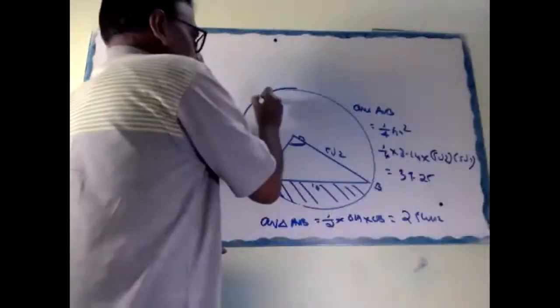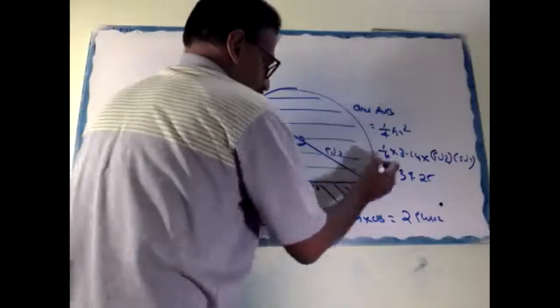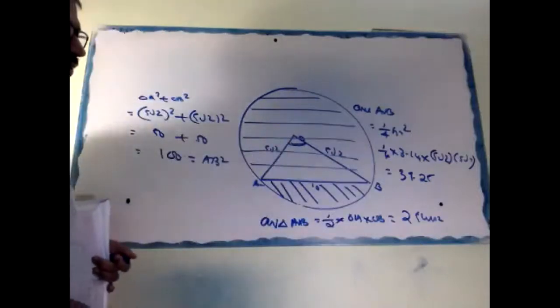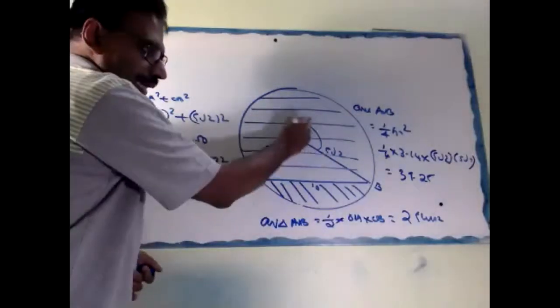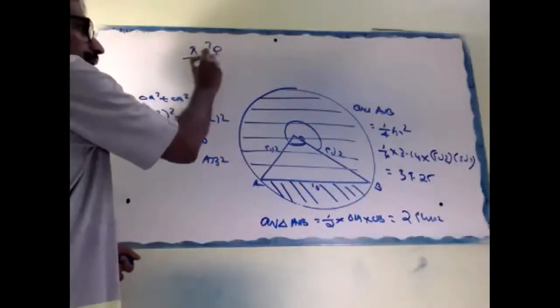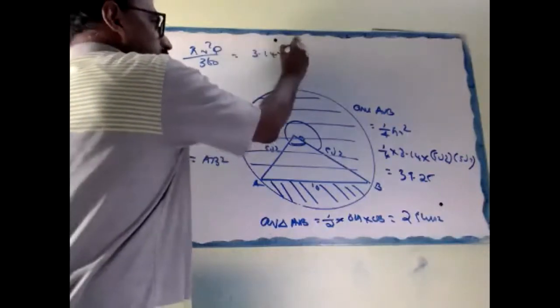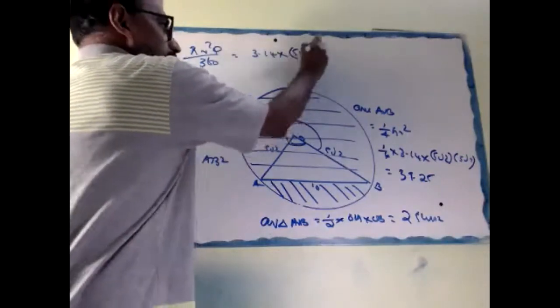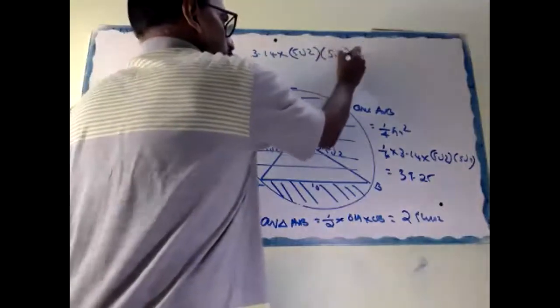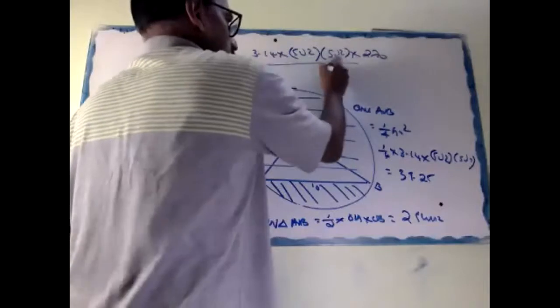Okay, then we want the major segment. Major segment means this full part. So how do you find that? You can find this area: pi r square theta by 360. 3.14 into r is 5 root 2 into 5 root 2 into 270 divided by 360.